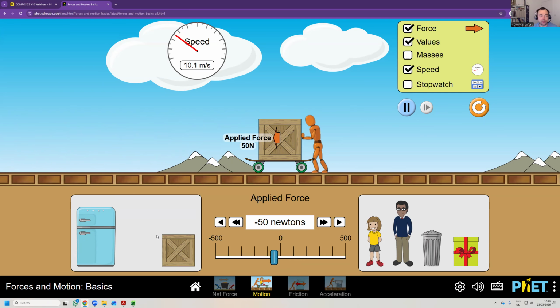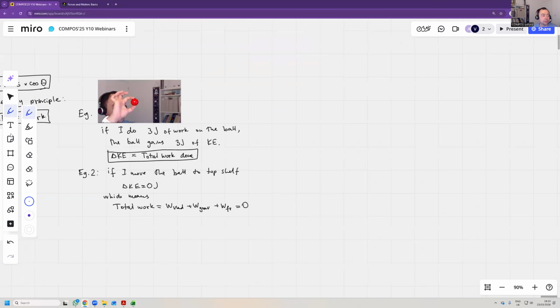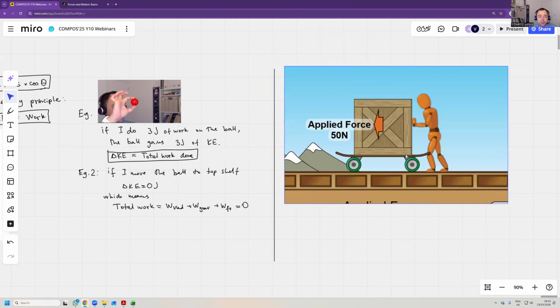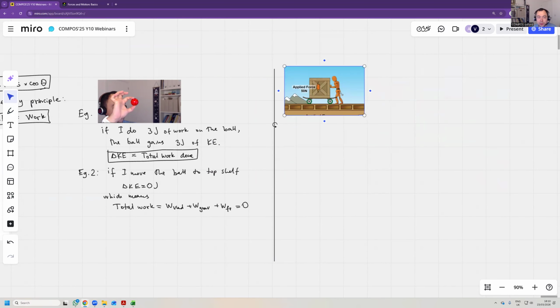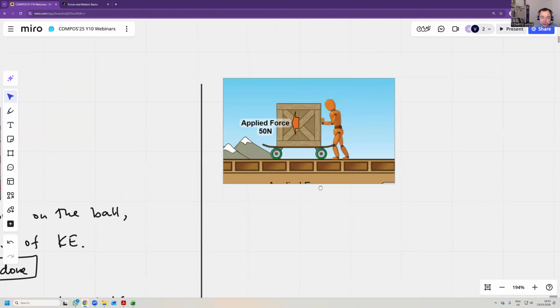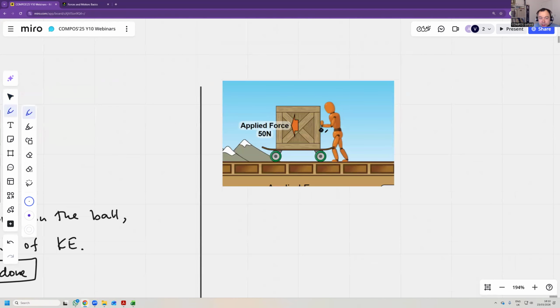How does that work? How does it make sense? The box is moving to the right, so the displacement is to the right.